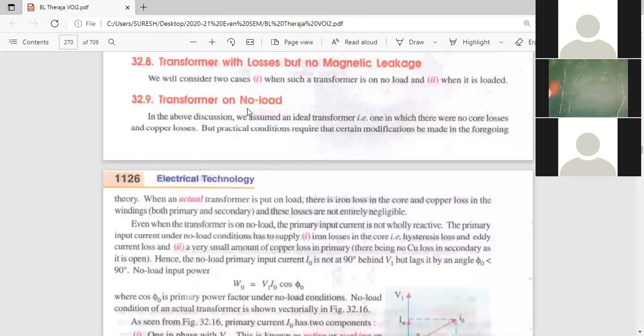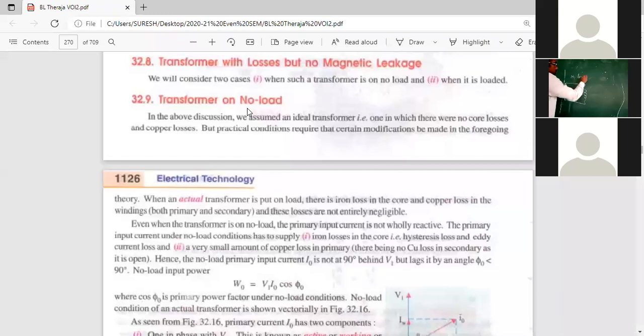Okay, listen here. This is the primary winding. I am applying the rated voltage. I'm going for the no load test.